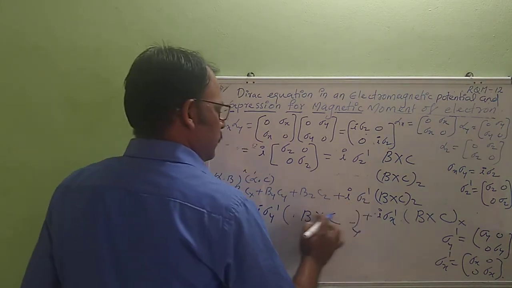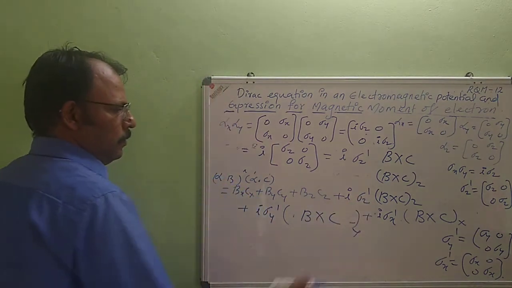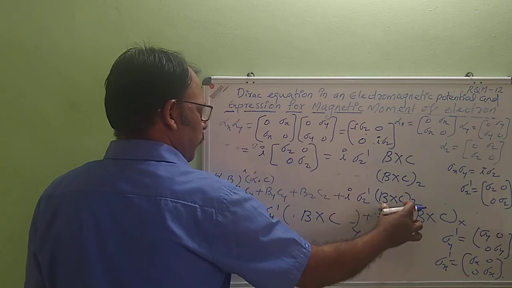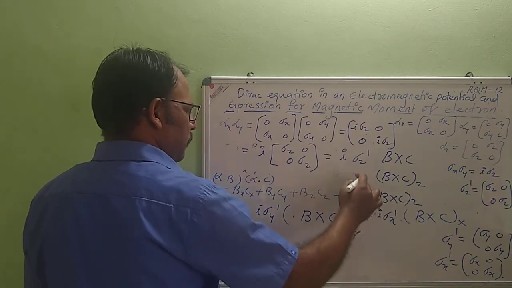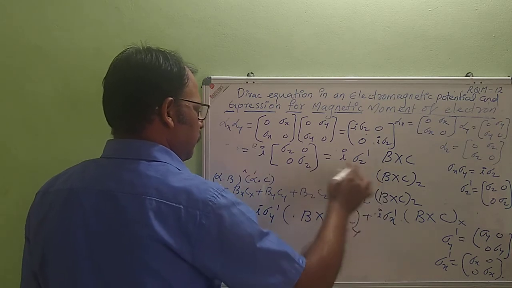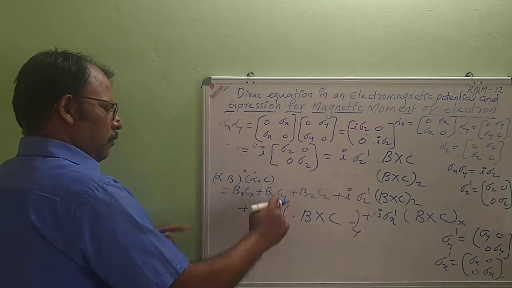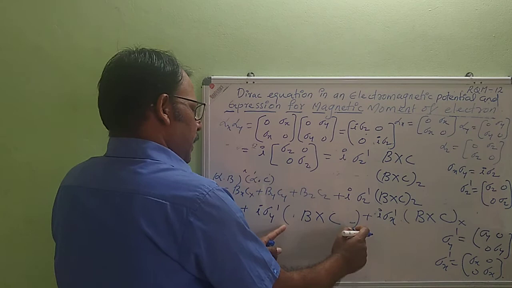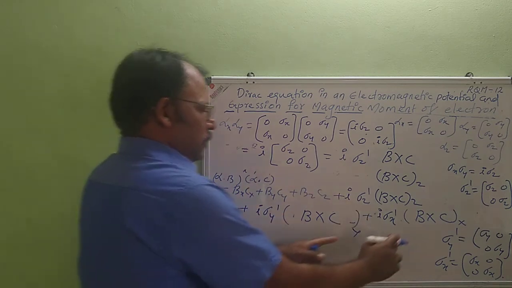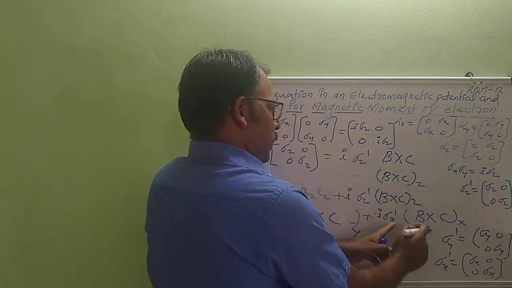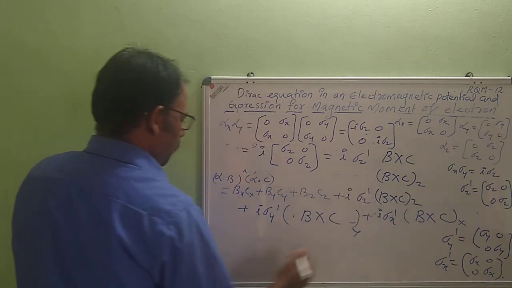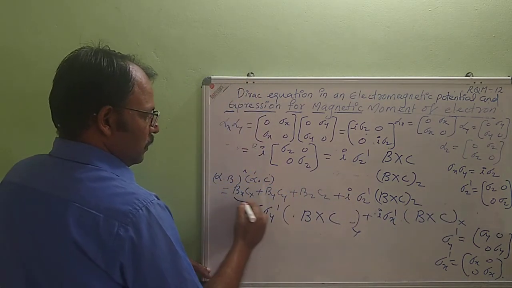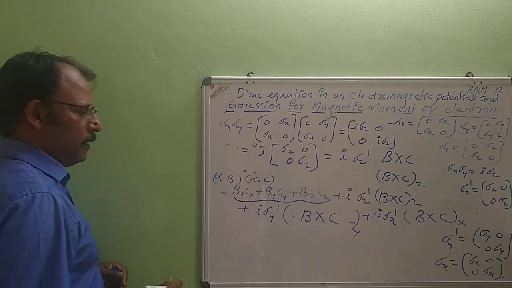Now combining these 3 terms, this is the z component of B cross C into the z component of sigma prime, sigma z prime. This is the y component of sigma prime into the y component of B cross C. This is the x component of sigma prime into the x component of B cross C. So these 3 terms we can combine into a single term.